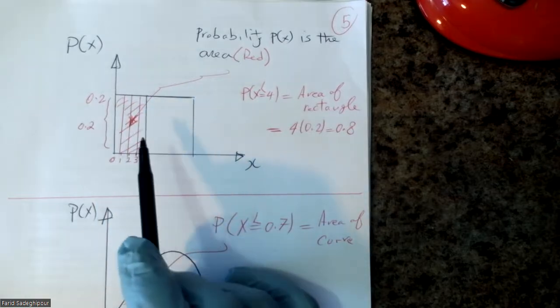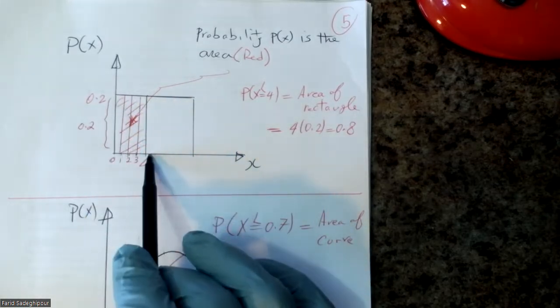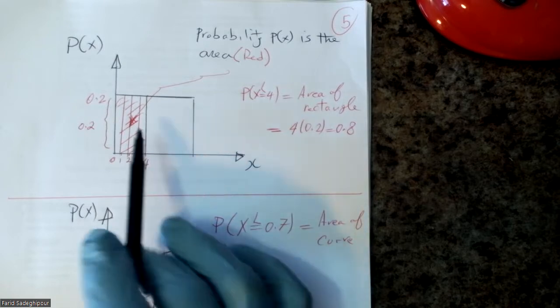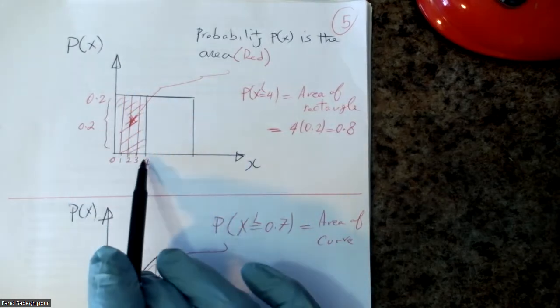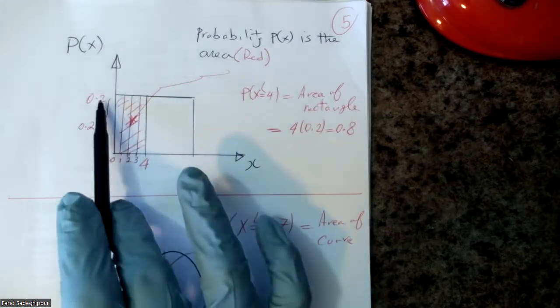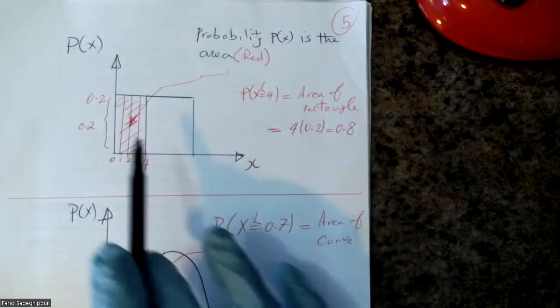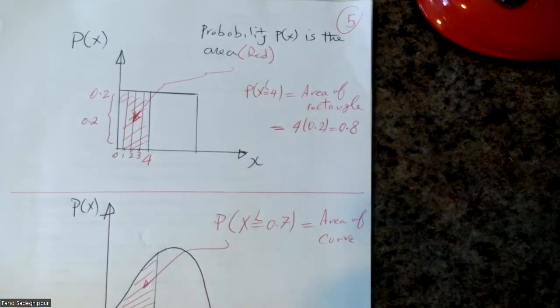In that case, we know the total area must always be 1. So if the vertical is 0.2 and this distance is 4, to find the area is 4 times 0.2 or 0.8. 0.8 is the probability of x less than 4.